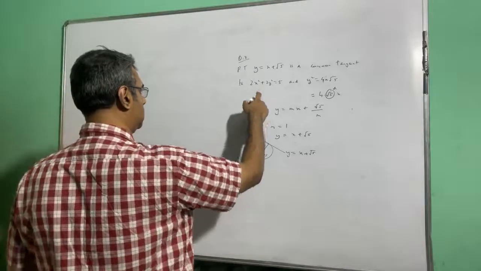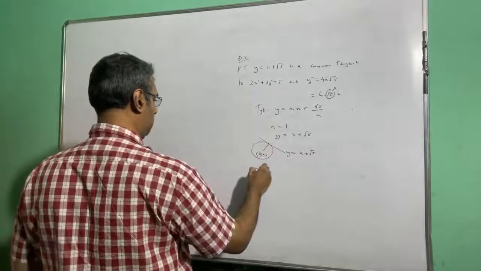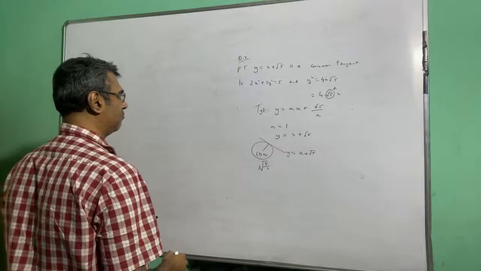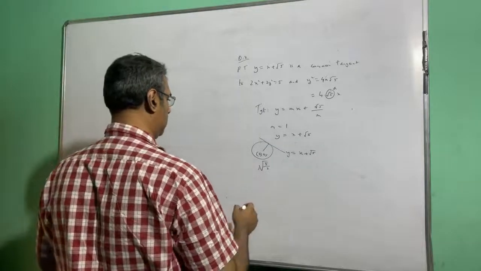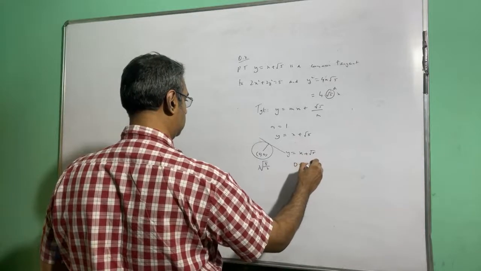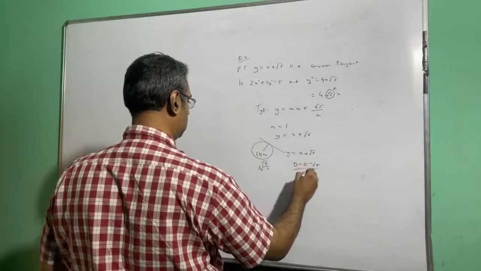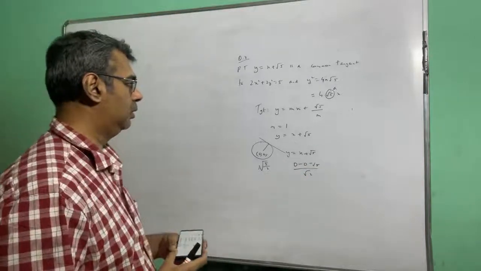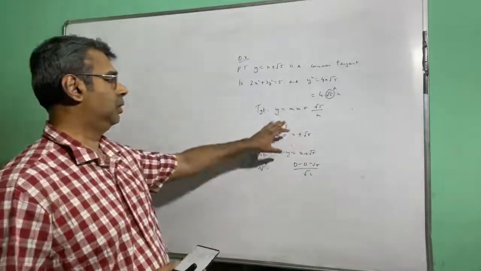So the center is 0, 0 and radius is root 5 by 2. Now from 0, 0 if you drop a perpendicular to this line, then it is coming root 5 by 2. That means y equal to x plus root 5 is a tangent to the parabola.